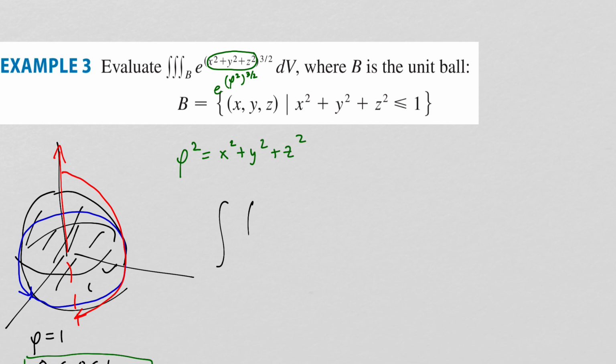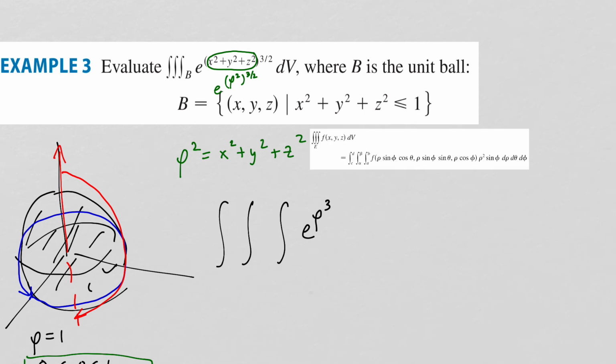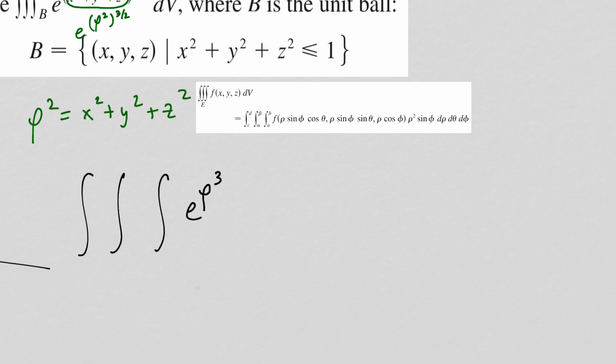So we're going to have the triple integral of e to the rho cubed, and then don't forget the rest of the formula. In addition to that, we need to have rho squared sine of phi, and then d rho, d theta, d phi. So let's go ahead and put that in.